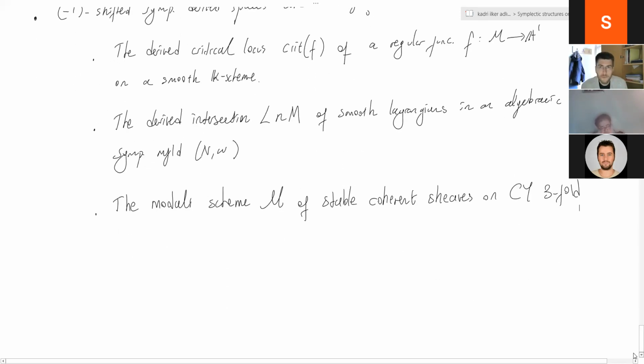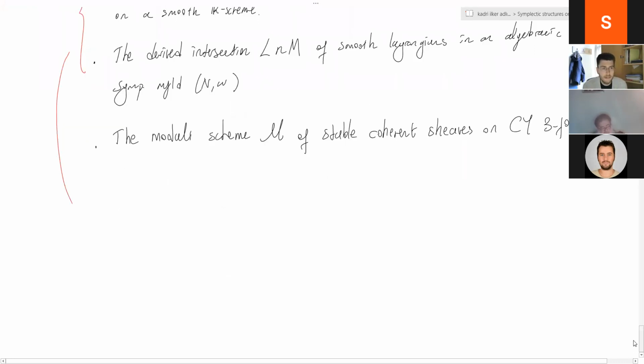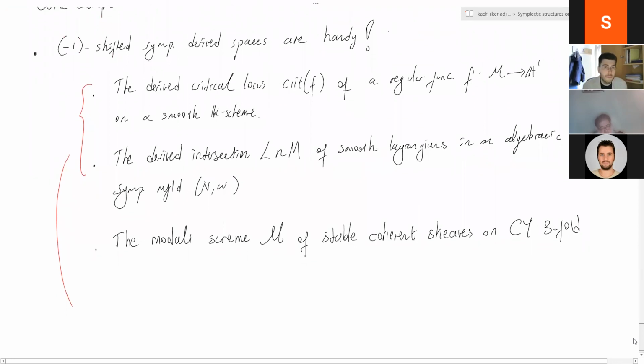Okay. Maybe let me just explain the first two items here in a more intuitive way. So you will immediately understand the relation between the critical locus and this derived space.